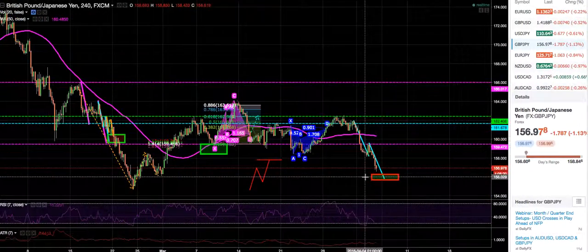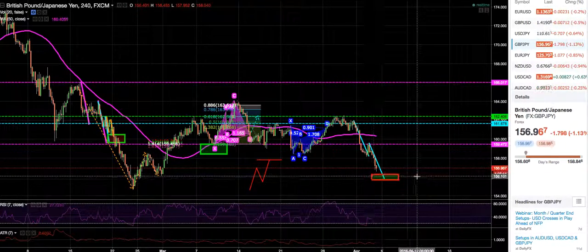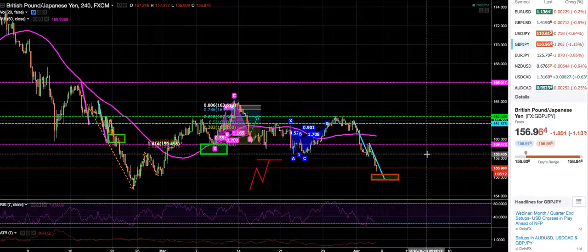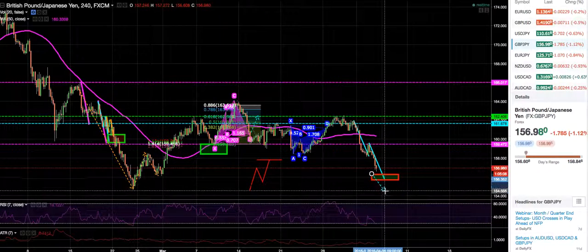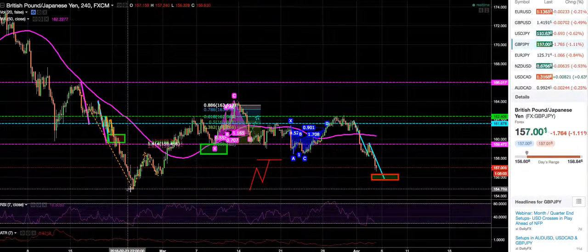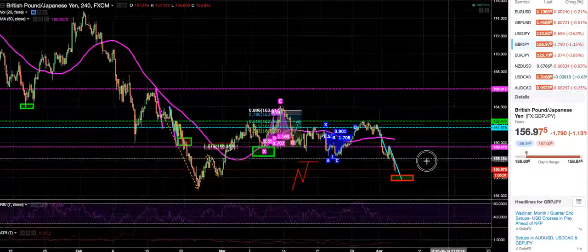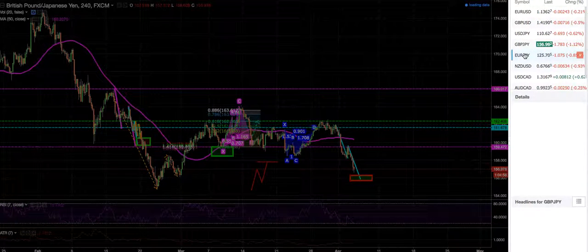So be careful: I'm not gonna be placing a limit right here just for a short or for a long, because the market could obviously push a little lower until this level right here, and this is the second level I will be taking a look at. So that's on the pound yen.